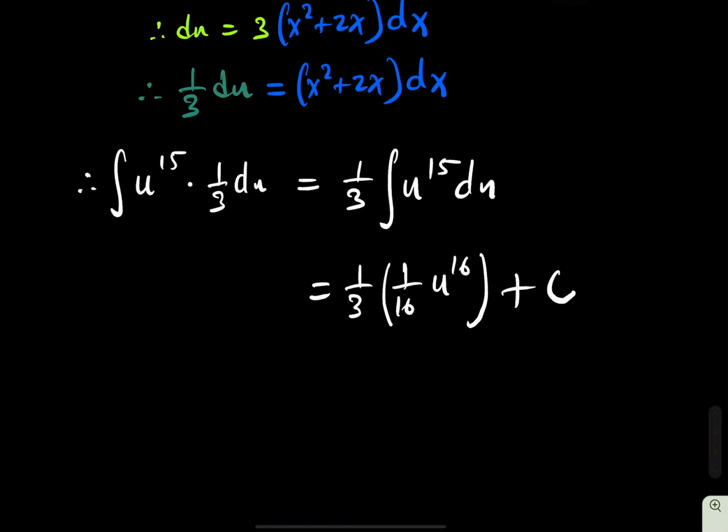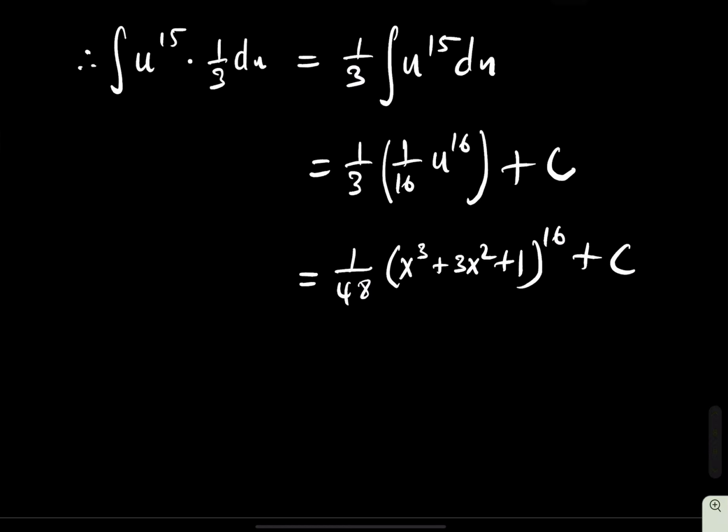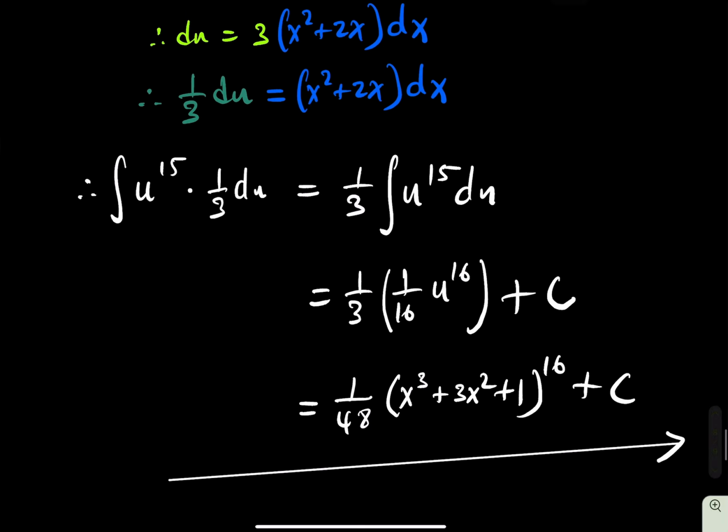Don't forget to write your constant c, but you need to simplify this a bit. 1 over 3 times 1 over 16 is 1 over 48. So that should be 1 over 48 times u, and your u is x cubed plus 3x squared plus 1, to the power 16 plus c. That should then suffice for that particular integrand.